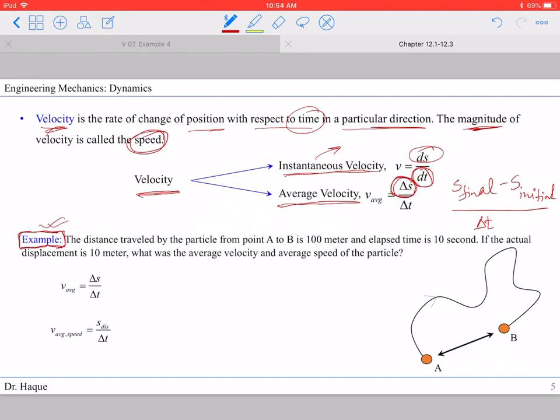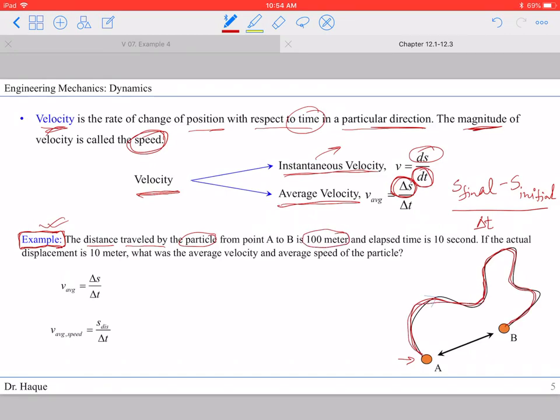Let's say it's the distance traveled by the particle in the image here. This is the particle, the start point. This is the traveling path. The distance, which is this path traveled by this particle, is 100 meters.